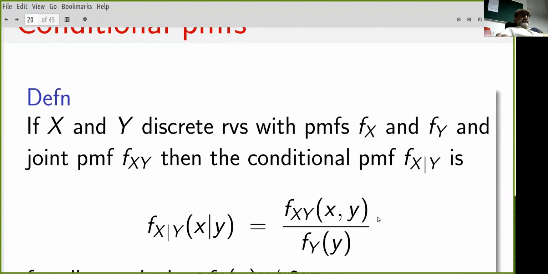So now we define the conditional PMF from the joint and the marginals.